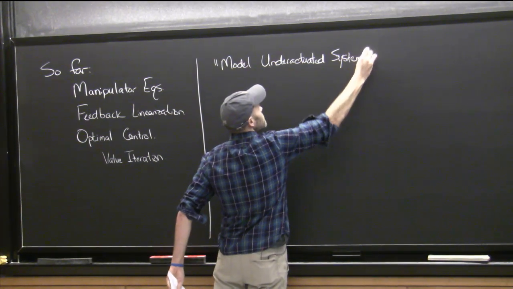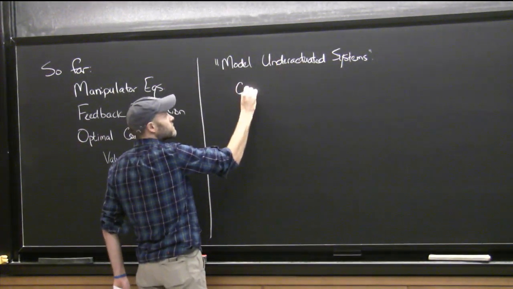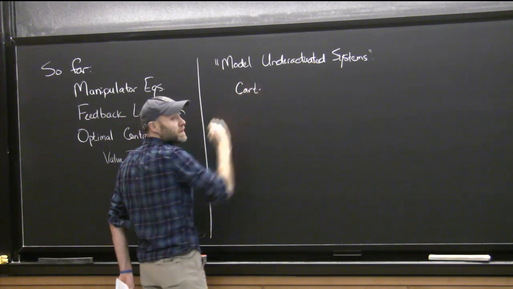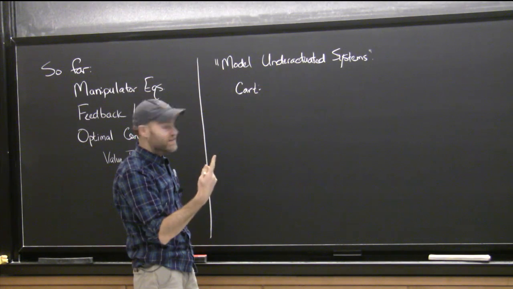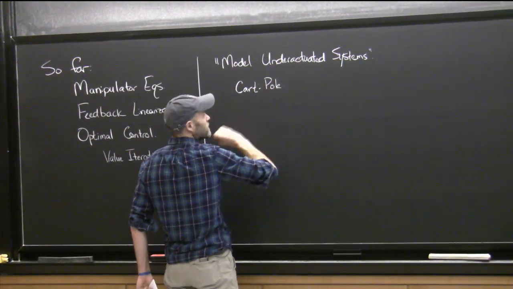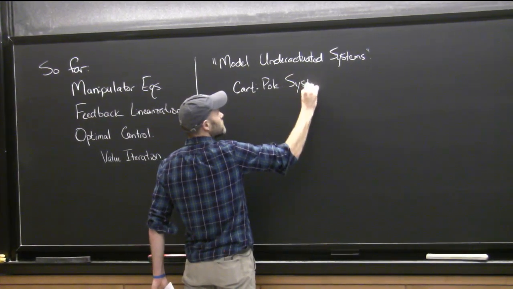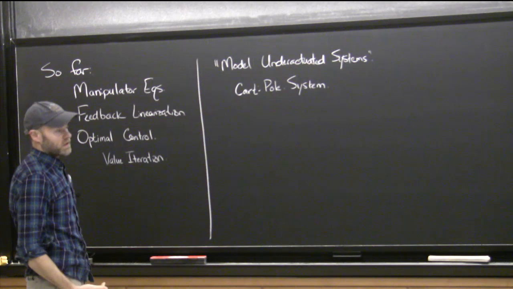Probably the most famous of them is the cart-pole system. Some people call it the inverted pendulum, but for obvious reasons, since we've talked about a pendulum by itself without being on a cart, I'm going to call this one the cart-pole system to distinguish it. And we'll do this one in a little bit of detail today.